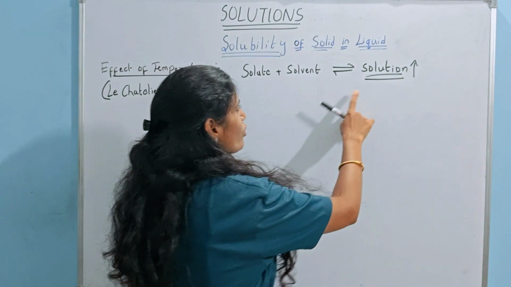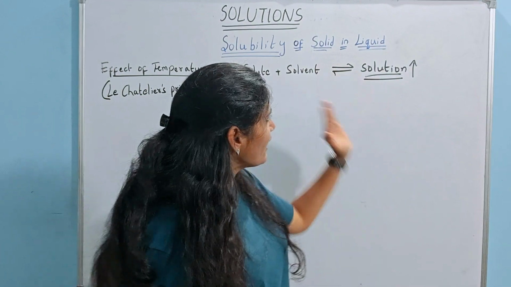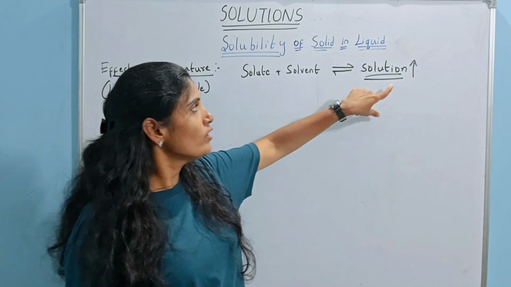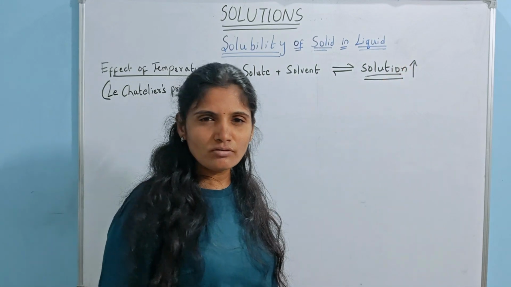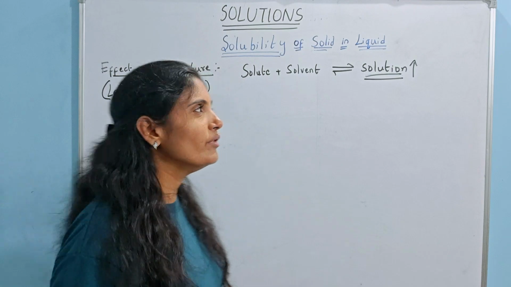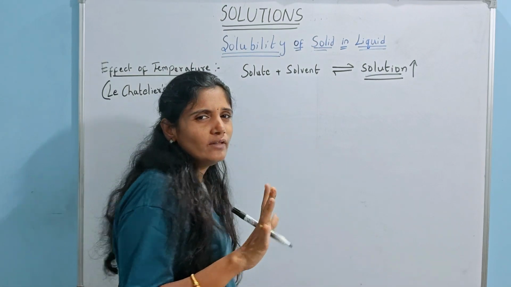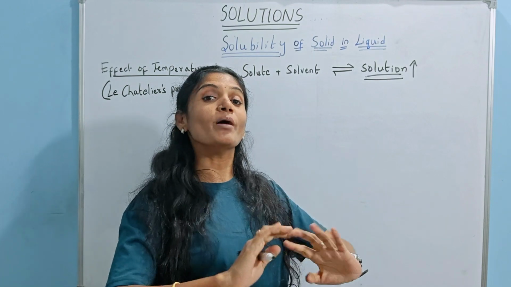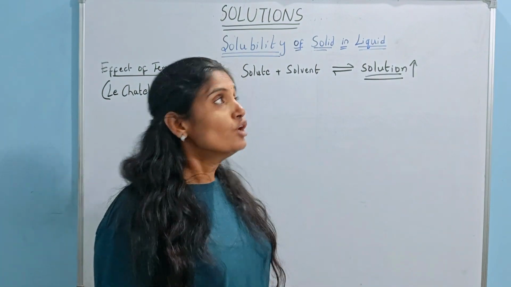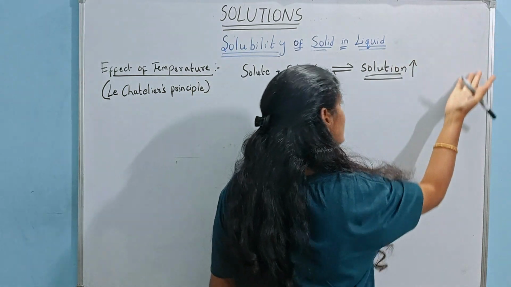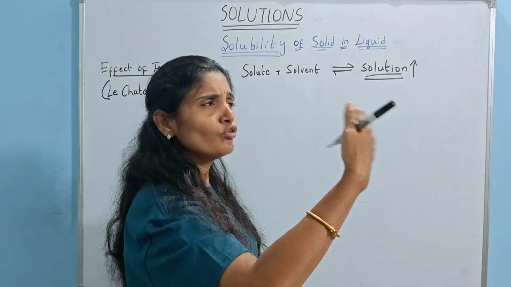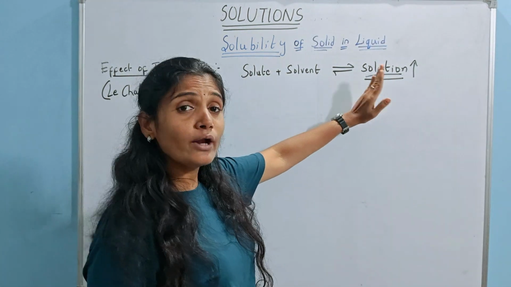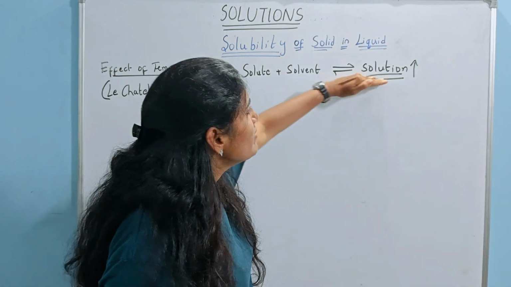If I try to increase the concentration of the solution, will this dynamic equilibrium condition want the solution to increase in its quantity or concentration or anything? Does it want any change in the existing parameters? It doesn't want that. So when you are trying to increase the amount of solution, it will try to avoid it. What will it do? It will try to go backward.